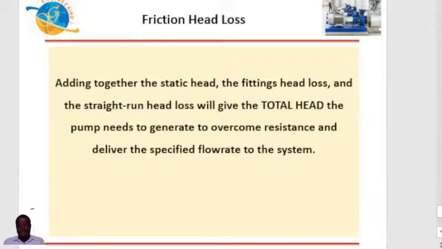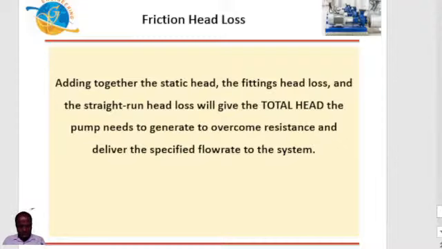Because you need to determine the frictional head loss in that system, as that will affect your total head requirements, if you don't take that into consideration before you finally select a pump for any given application. So these are the concepts of head that you need to get familiar with in order to confidently select a pump for any given process application.